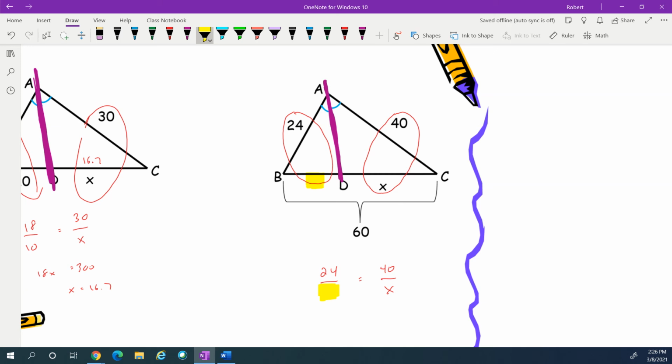We might have to do a little figuring out. In this case, the entire segment is 60. So the whole thing is 60. Part of it is x. We want the part that's left over. Well, it's the whole thing, the 60, minus the part that says x. That's what we're going to put there, 60 minus x.